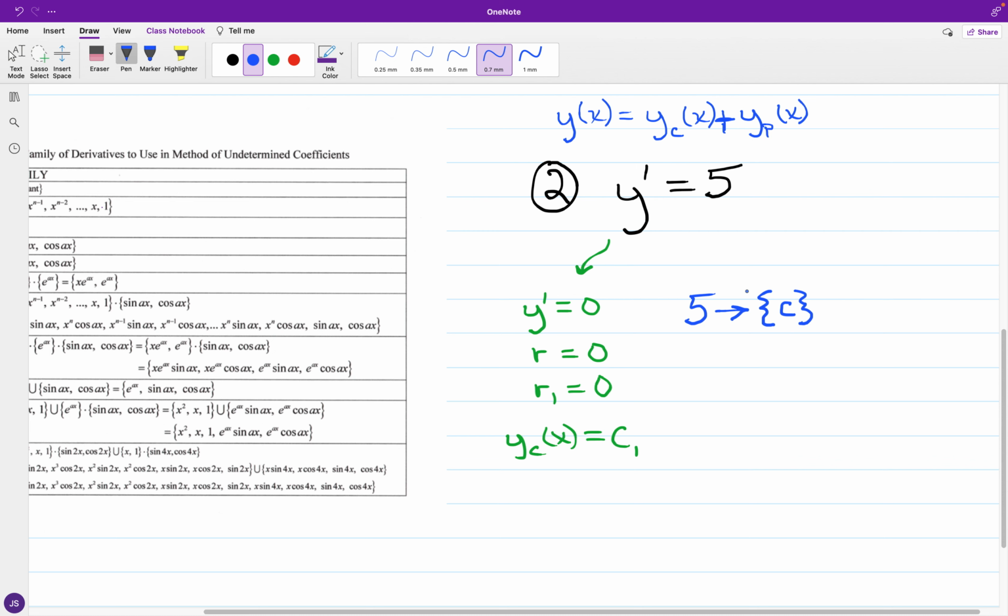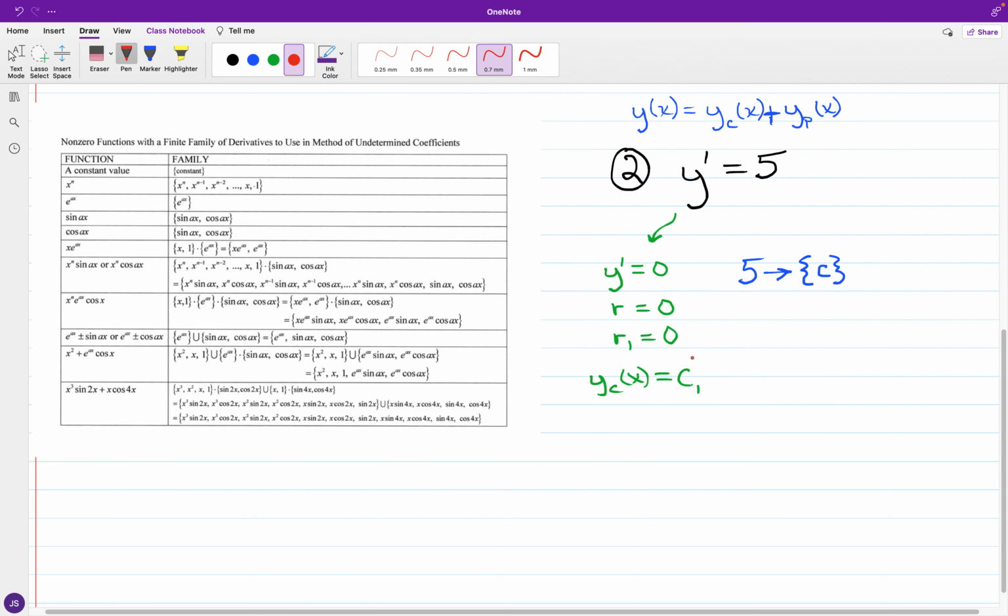Now looking at what we have here, notice we have what is regarded as a duplication. And anytime you have a duplication, what you're going to do is multiply what's in the family of functions by x.